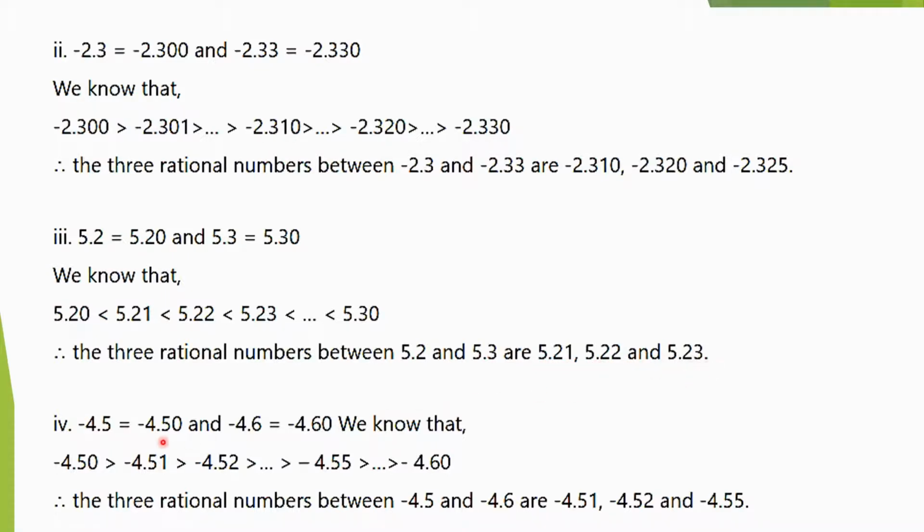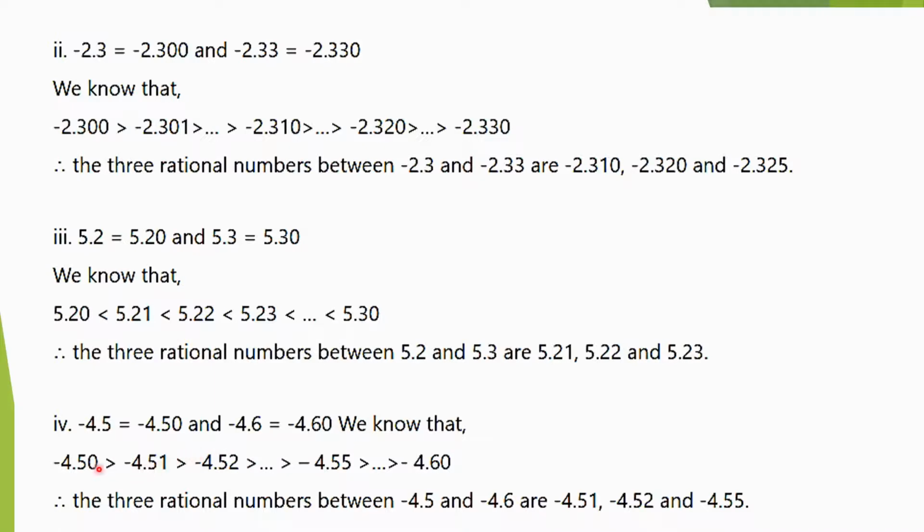The fourth question is minus 4.5 and minus 4.6. So minus 4.5 can be written as minus 4.50 and minus 4.6 can be written as minus 4.60. So we know that minus 4.5 is greater than minus 4.6.